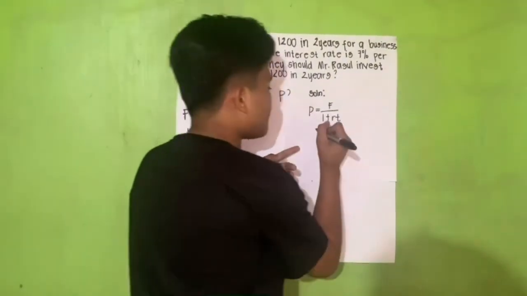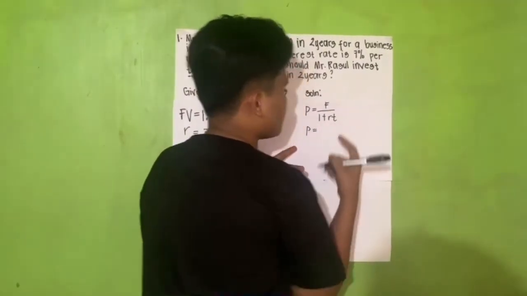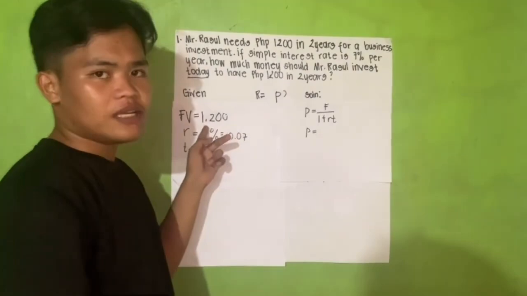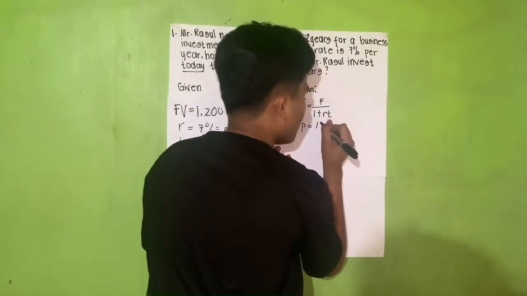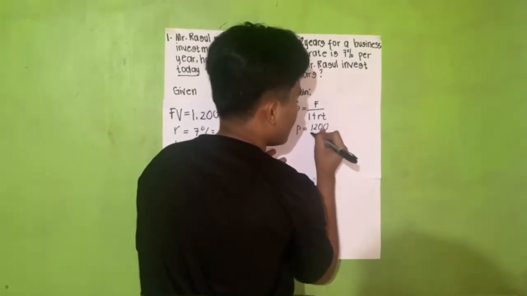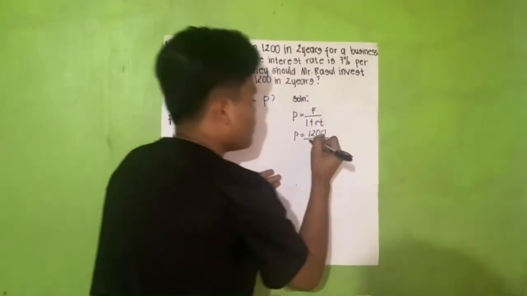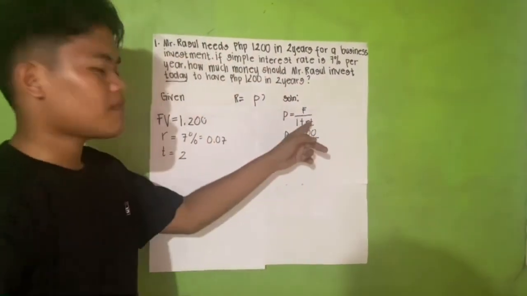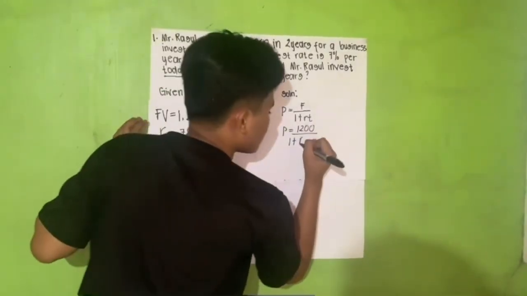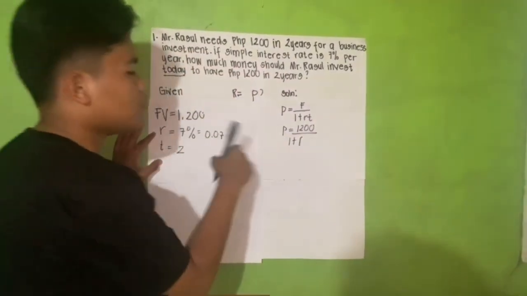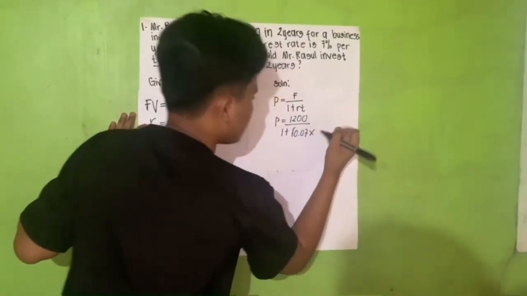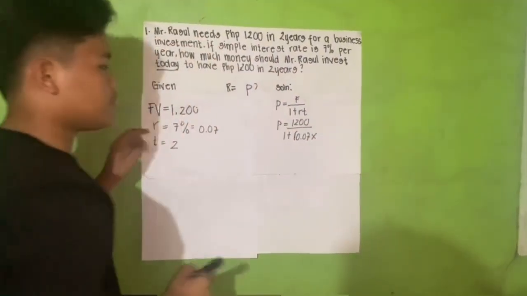Present value equals F, our future value, which is 1,200, over 1 plus our rate 0.07 times our time, which is 2.